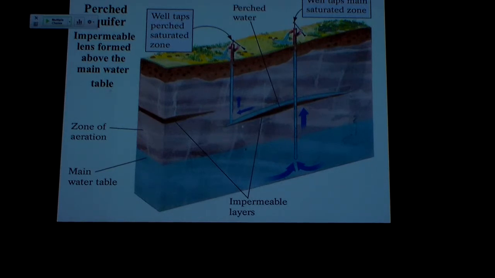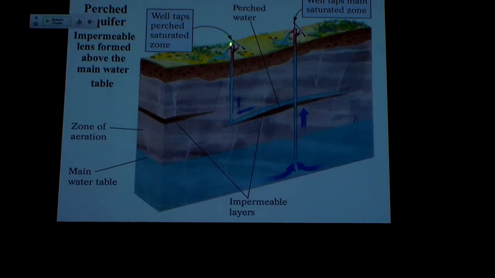And this will keep the water from infiltrating past it. It acts as a kind of a floor and sets up what we call a perched aquifer. The area above it will hold water. And of course, toward the edges, water can then get past that confining layer and get all the way down to the permanent main aquifer down below.